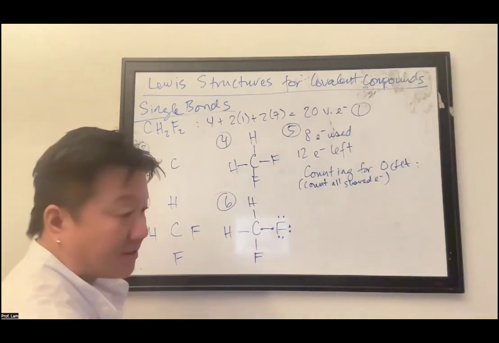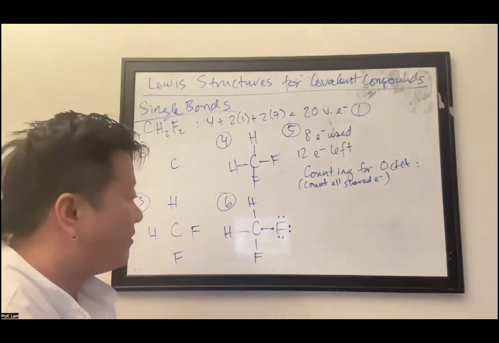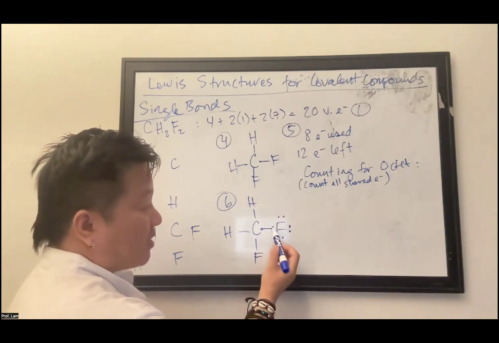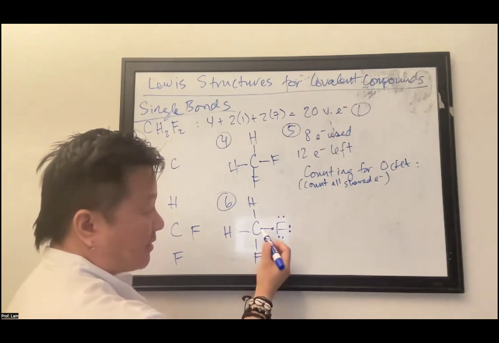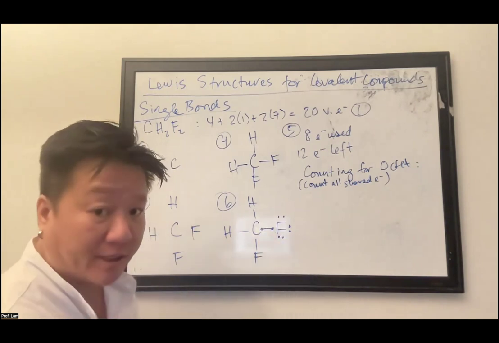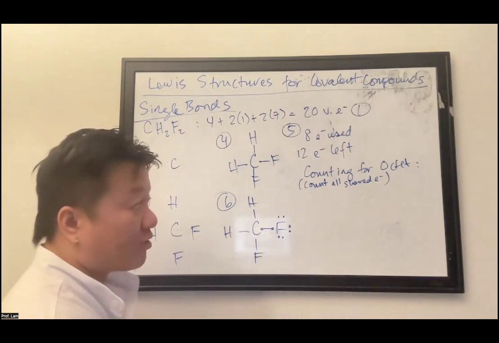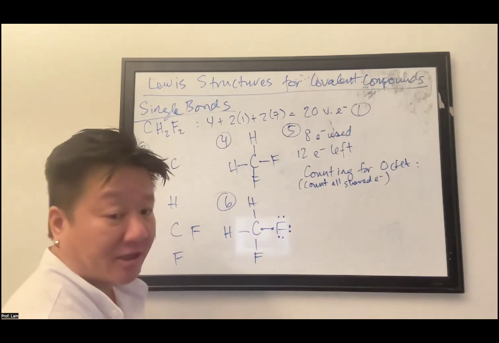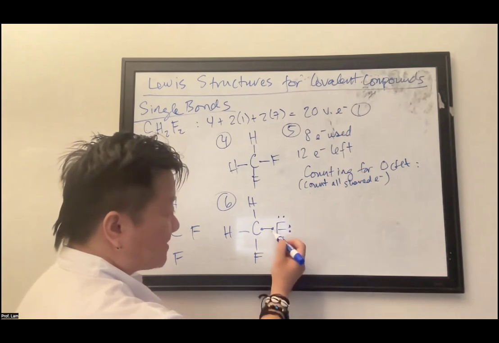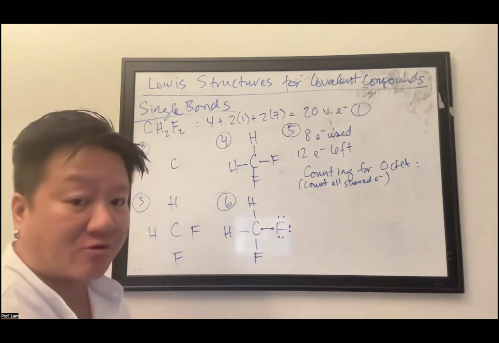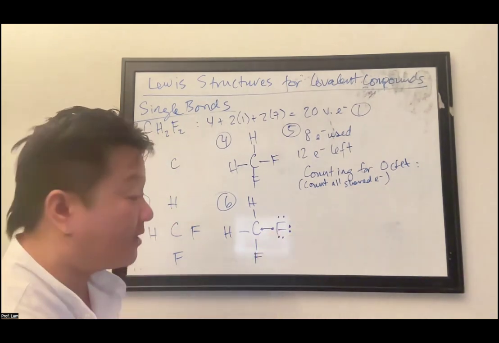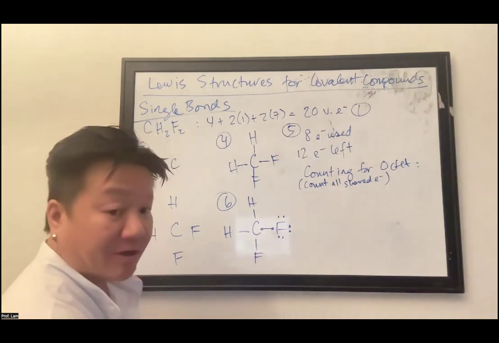We don't always want to put the dots in there, but we know the dots are there. And so that's what we're counting. The fluorine is actually sharing its electron with carbon, and carbon is sharing its electron with fluorine. So when we're counting for octet, we count all the shared electrons. So fluorine counts 1, 2, 3, 4, 5, 6, 7, 8, and the electron that carbon shares with it, so this electron as well. So that's how you get 8.